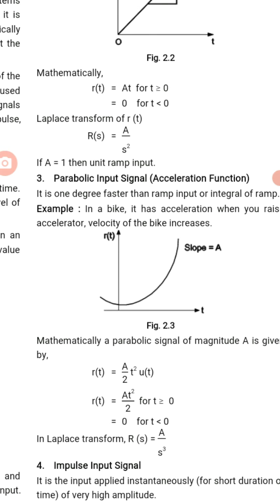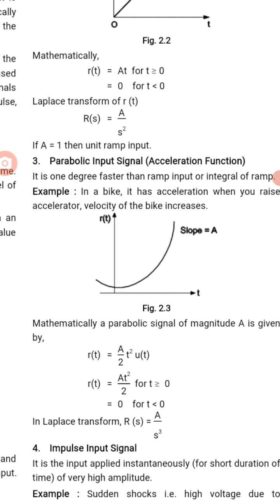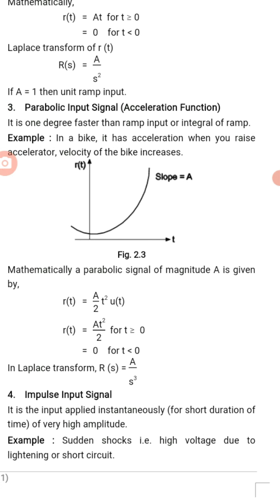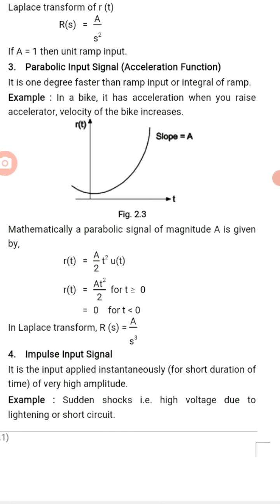It is one degree faster than the ramp input, or the integral of the ramp. It is also called integration of ramp, and hence r of t, as shown in the mathematical equation, r of t is equal to A by 2 into t square into u of t.